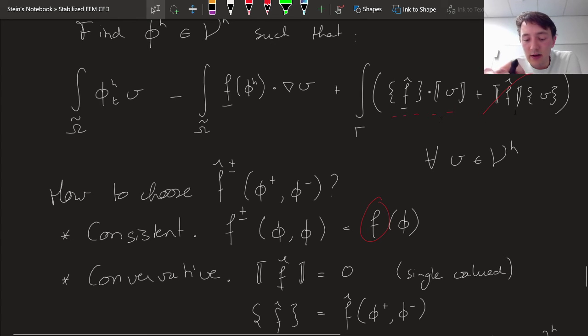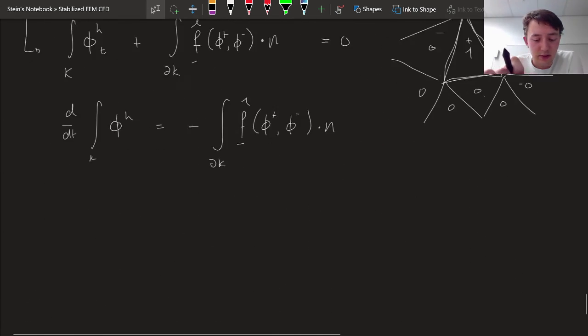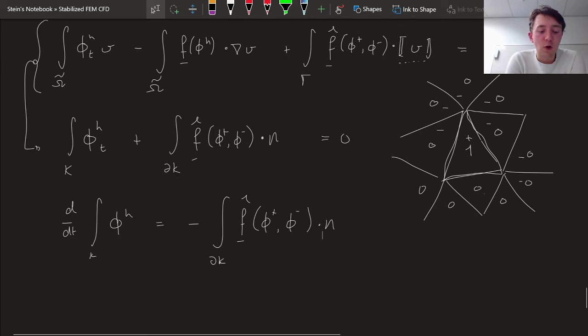So you would get a rather funny relation dictating the way that phi is going to distribute. But right now we have that the time derivative of phi, the amount in which phi is going to change, is only equal to the flux through the boundary.